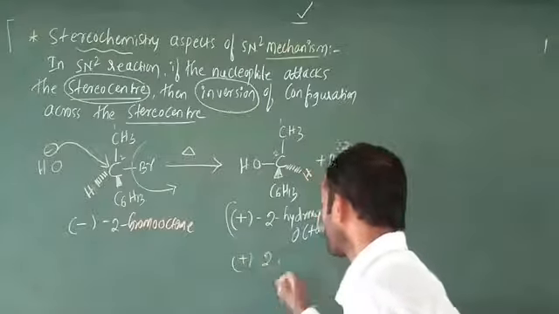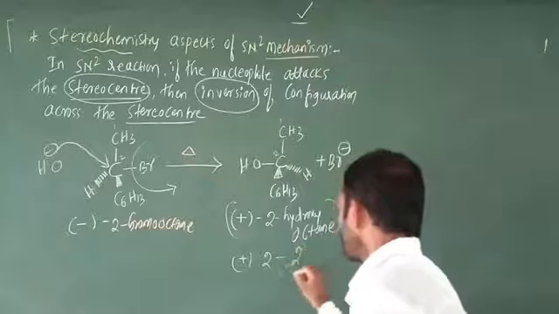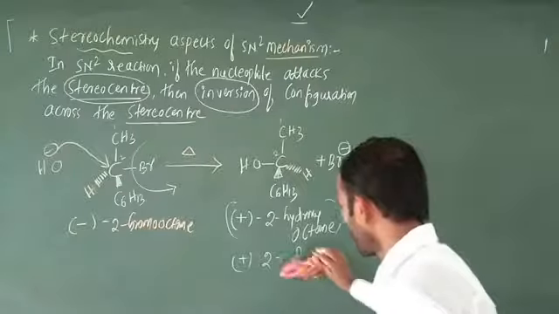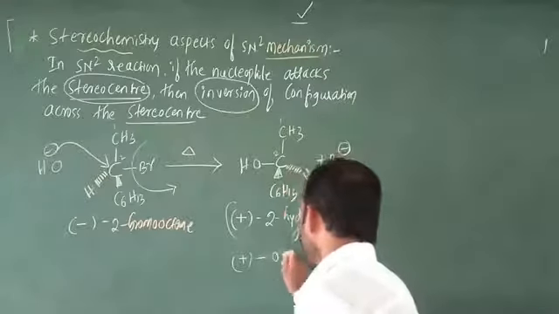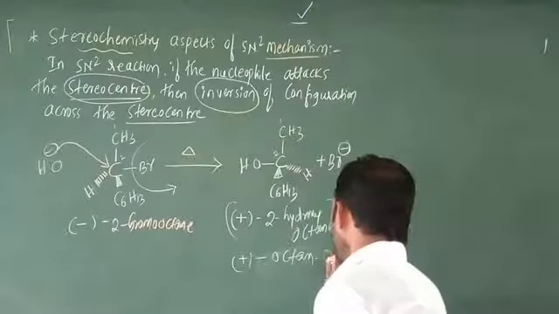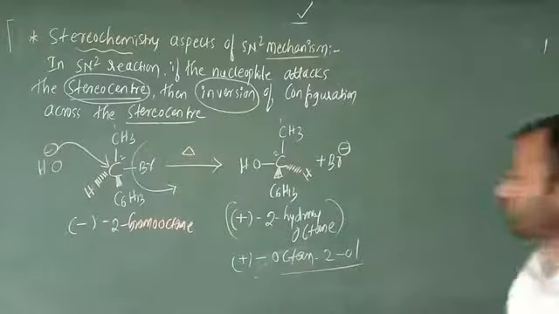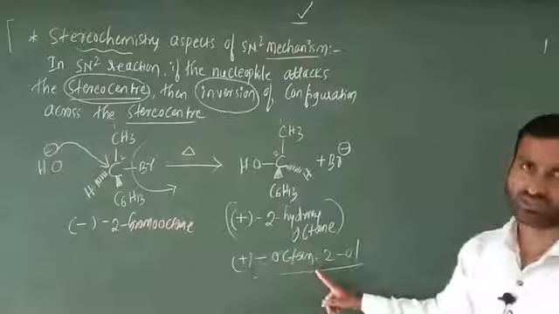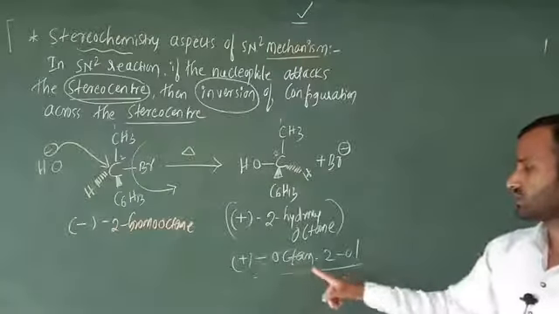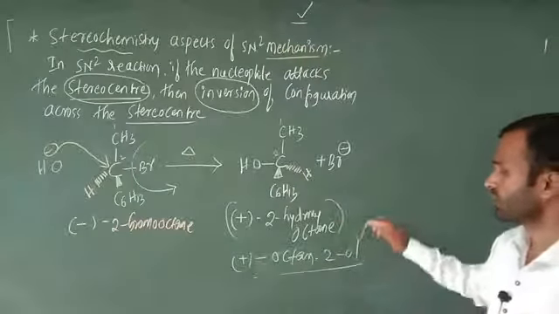What is the name of this one? Do not write just 2, directly you have to write positive octane 2-ol. Octane 2-ol or 2-octanol is also right, but this is proper: plus octane 2-ol is the IUPAC nomenclature.